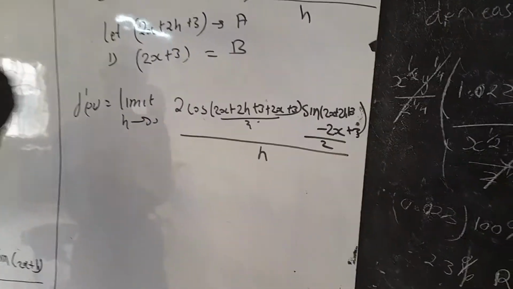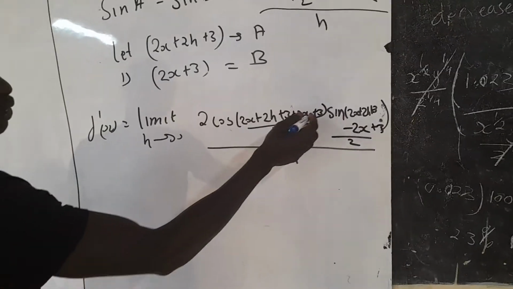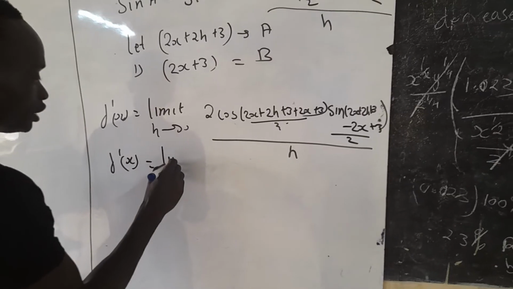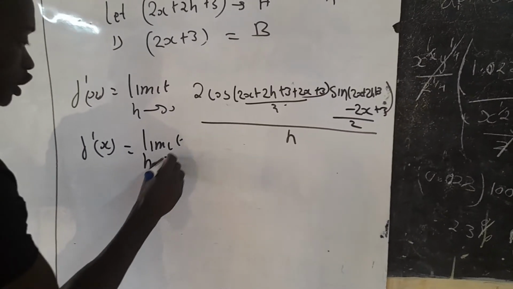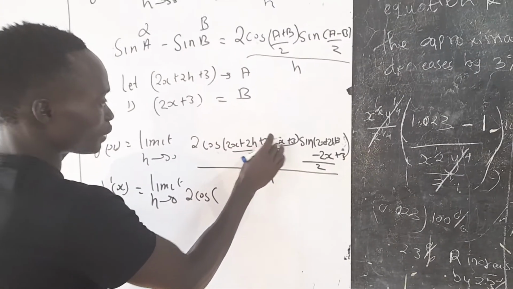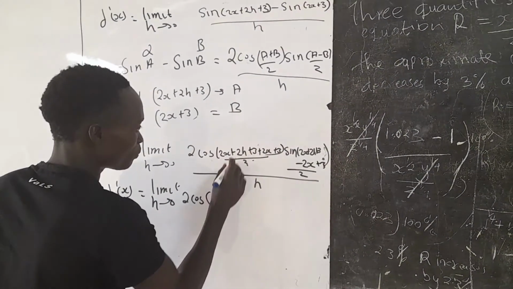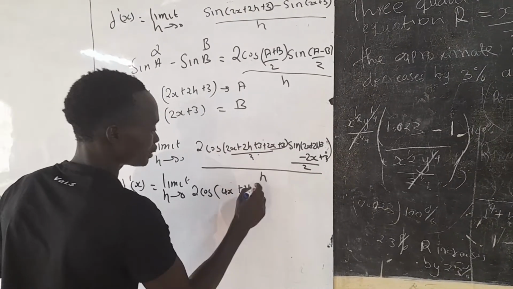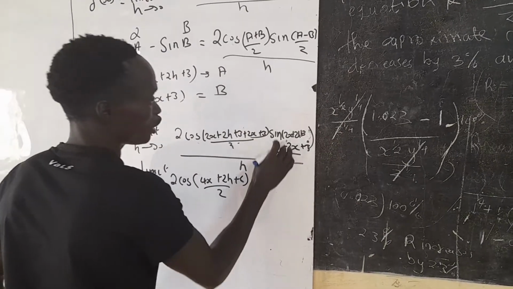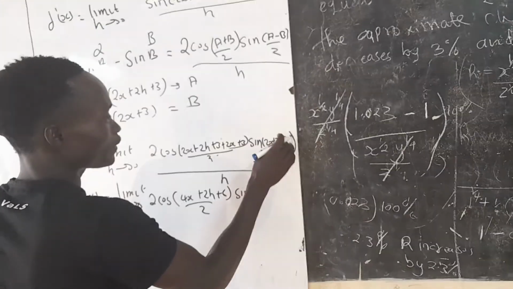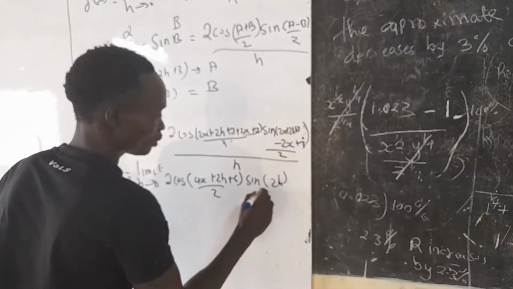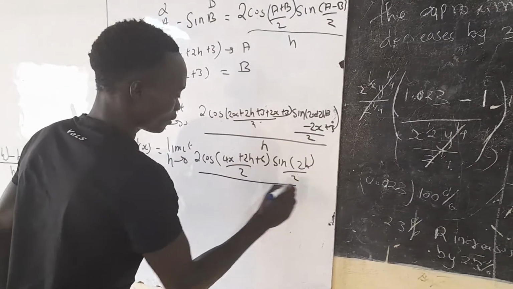So we can try to collect the like terms here because we have 2x, we also have 2x on the other side, such that f'(x) is the limit when h is approaching 0 of 2 cos of ((4x + 2h + 6)/2) sine of (2x minus 2x is 0, then 3 minus 3 is also 0, then we have 2h over 2), and everything all over h.